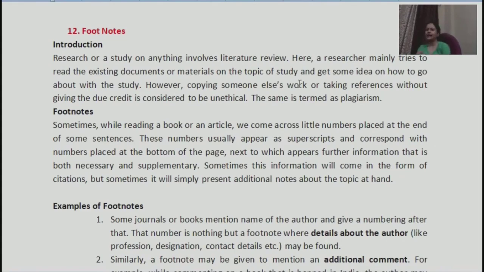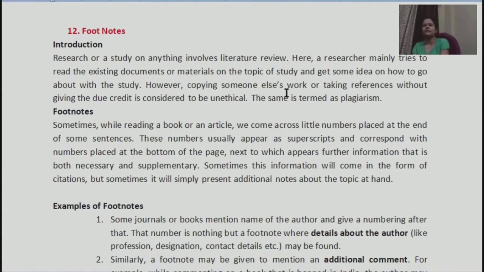If I want to study obiter dicta, I would try to look for articles on that topic. I would try to read books where this topic is mentioned. Why will I do that? I will do that to get some idea on how to go about the study, to get an idea how I can write a good assignment on this particular topic, right? For that, I would study.